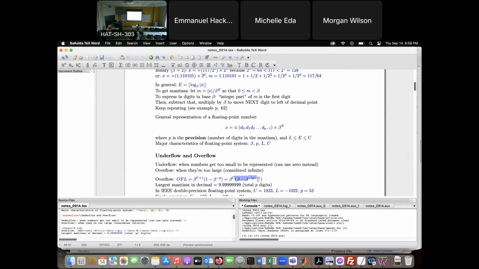So this expression right here, parentheses, beta minus beta to the minus p minus 1, if beta was 10, it would be this. And then that's multiplied by the base raised to the largest possible exponent.